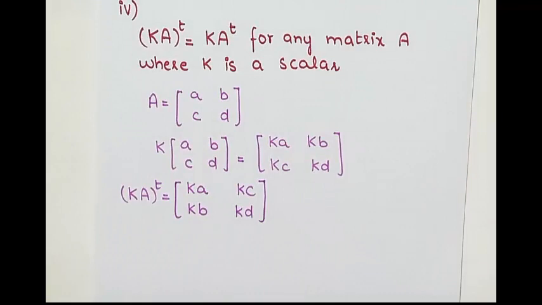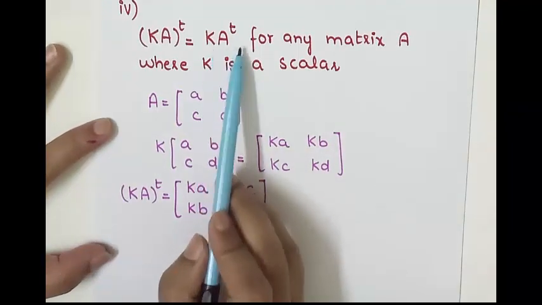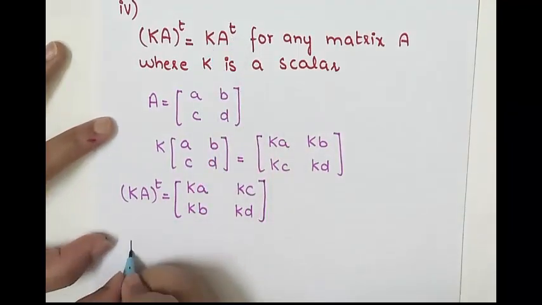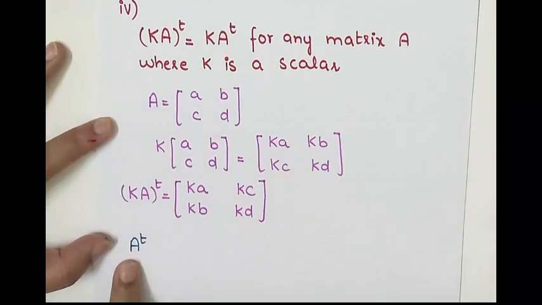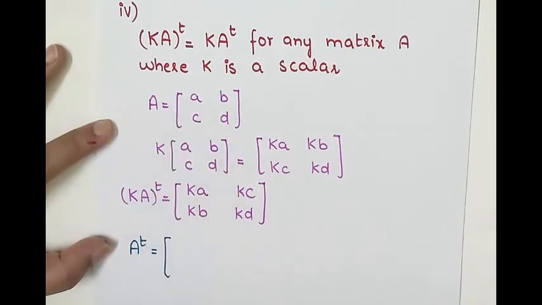Now solving for the right hand side of the equation, first we will take the transpose of A and then we will multiply a scalar K with it. So A transpose is equal to A, B, C, D. Right?